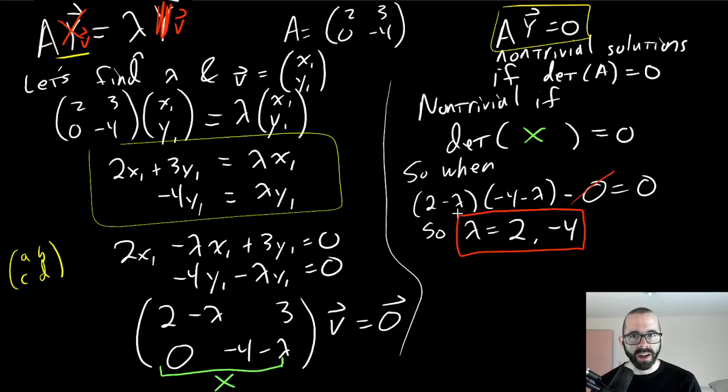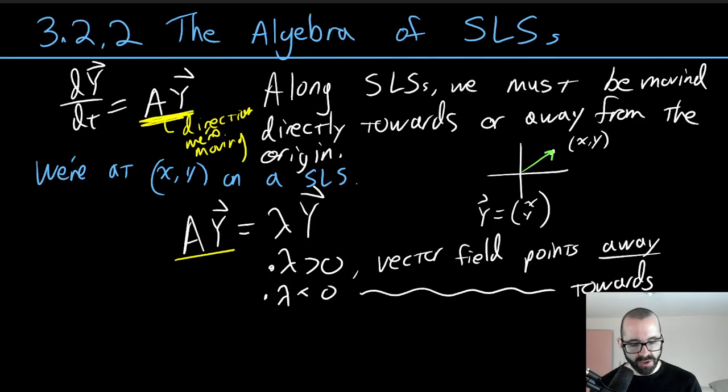What are we doing? Let's put this all in perspective. Where are we? We're trying to find, I almost said the word. We haven't mentioned what these are yet. We're trying to find lambda and this vector so that the matrix times the vector equals the constant times the vector. We're doing that so we can find straight line solutions.